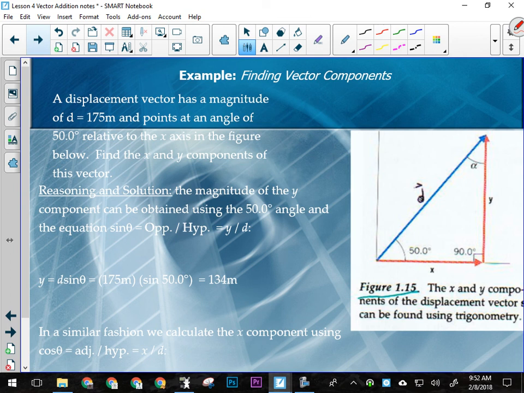All right, so if I've got this displacement vector, it's 175 meters and points 50 degrees relative to the x-axis, so above horizontal. Okay, we want to find the components of it, right?